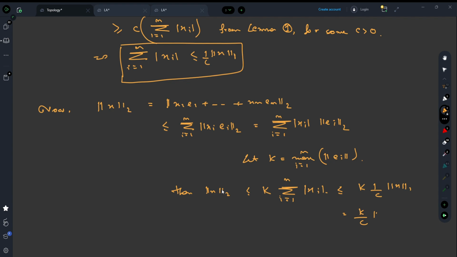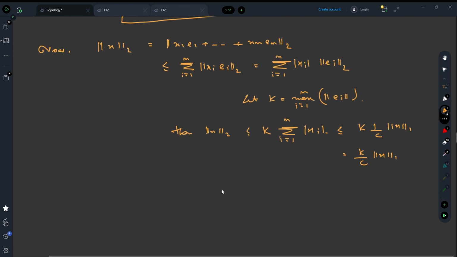So this is further less than or equal to k by c times the norm 1 of x. So we can choose this k by c to be beta. Obviously k is greater than or equal to 0.